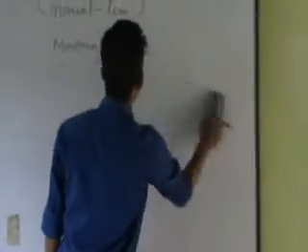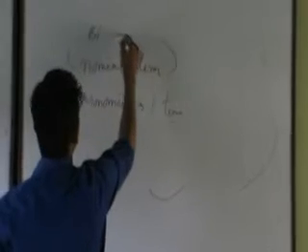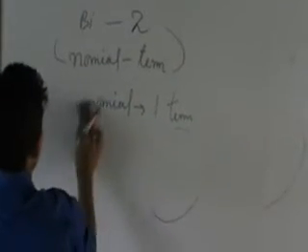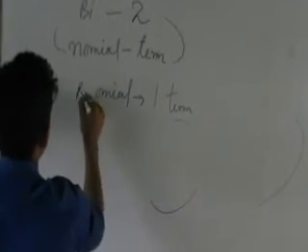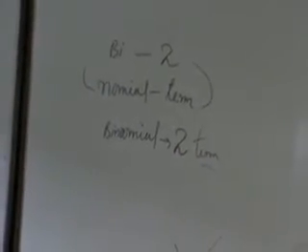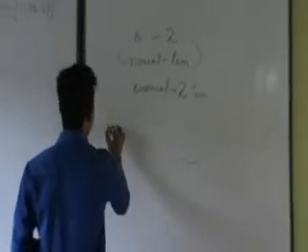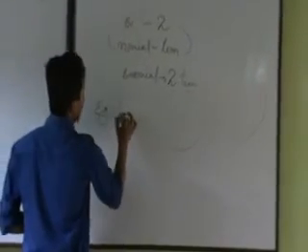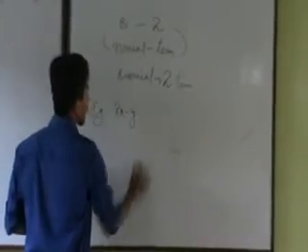Clear? Now about binomial. Bi means two, and nomial means term. If you combine this, you get binomial, that means having two terms. So an expression having two terms is known as a binomial. What will be an example? 2x minus y.